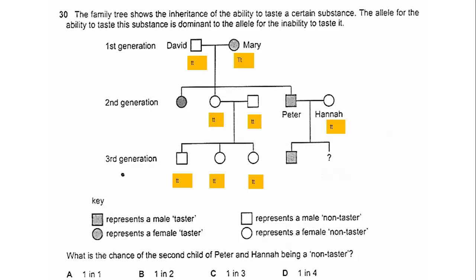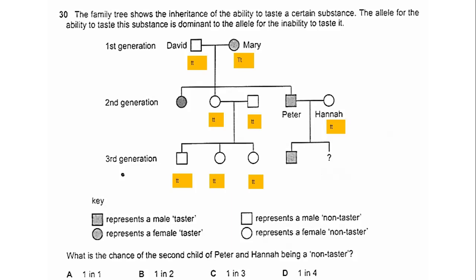So he must be homozygous recessive because the recessive trait only appears in the case of homozygous recessive. But the mother here is tricky because in the case of heterozygous or homozygous dominant, I will still see the phenotype of the dominant trait. How would I know? If I look at the offspring and I see one of them showing the recessive trait in his or her phenotype, this means that this person is homozygous recessive.